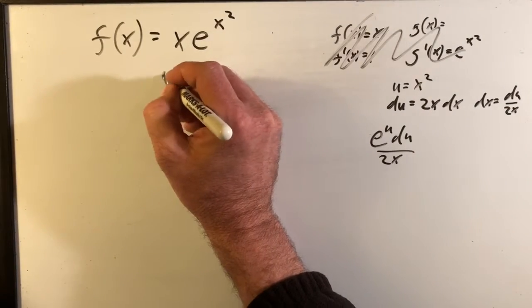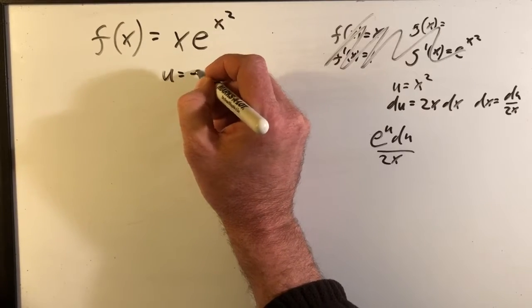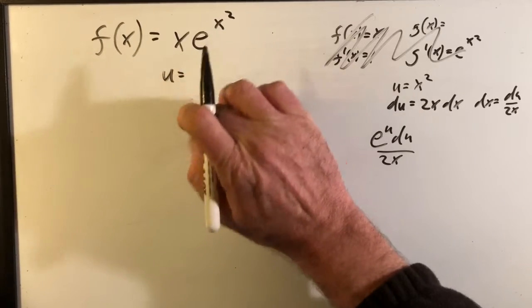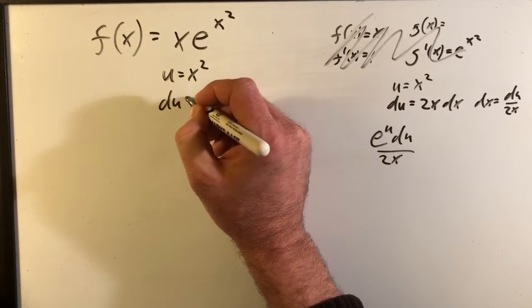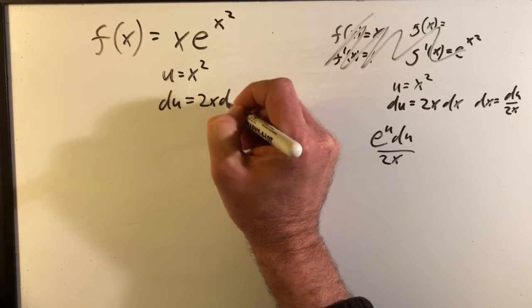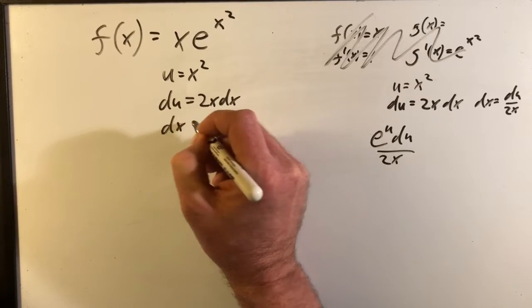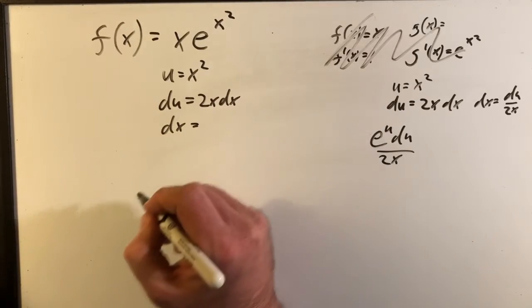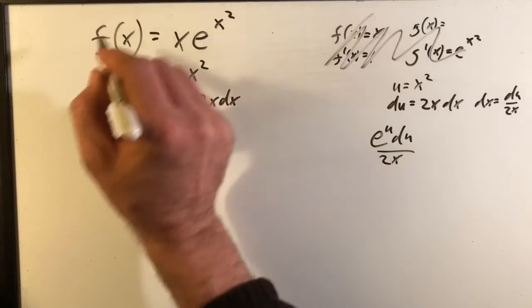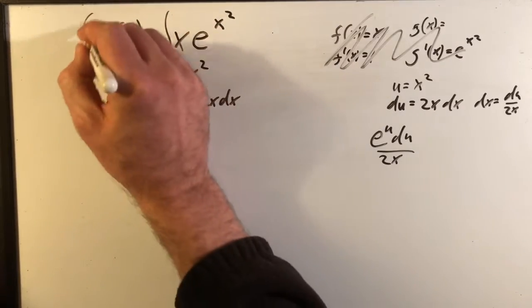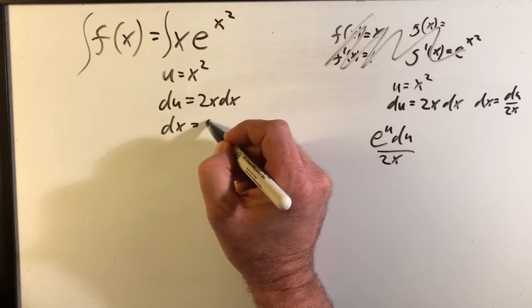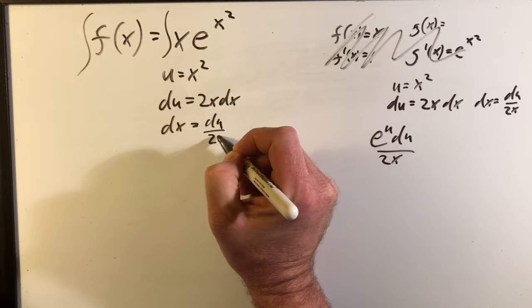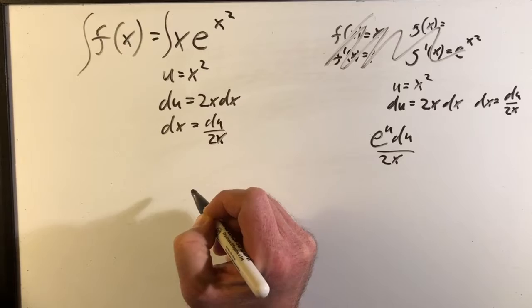So again, I'll reiterate here: u equals x squared, du equals 2x dx, dx equals du over 2x.